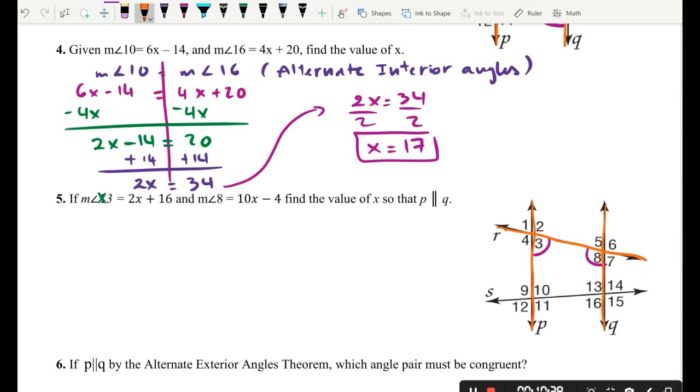So consecutive interior angles are supplementary, which means that measure of angle 3 plus measure of angle 8 equals 180 degrees. That is supplementary. The reason is consecutive interior angles.